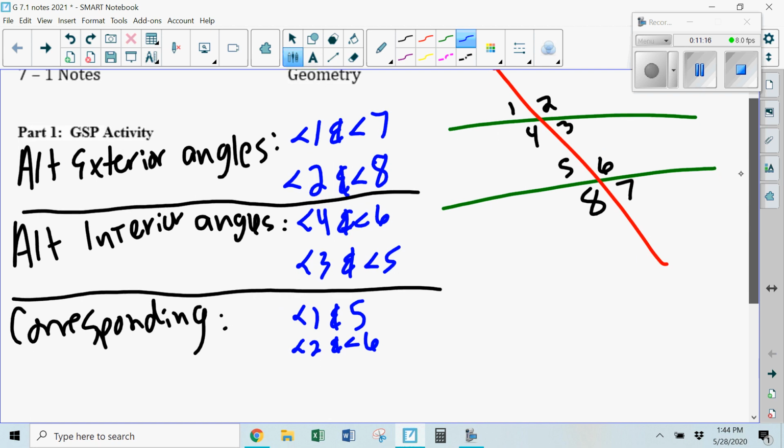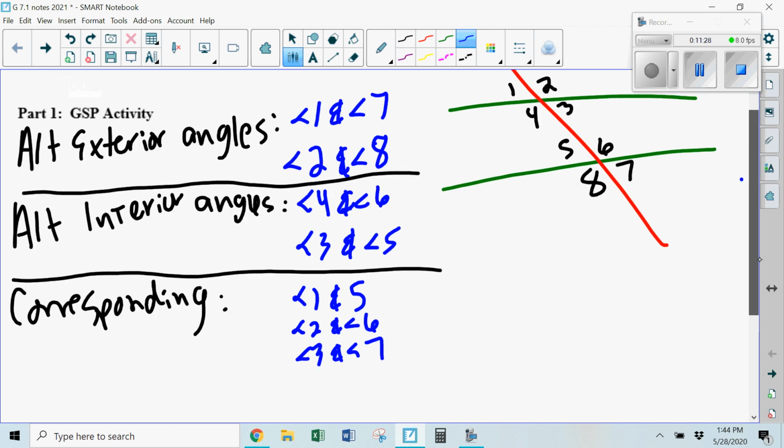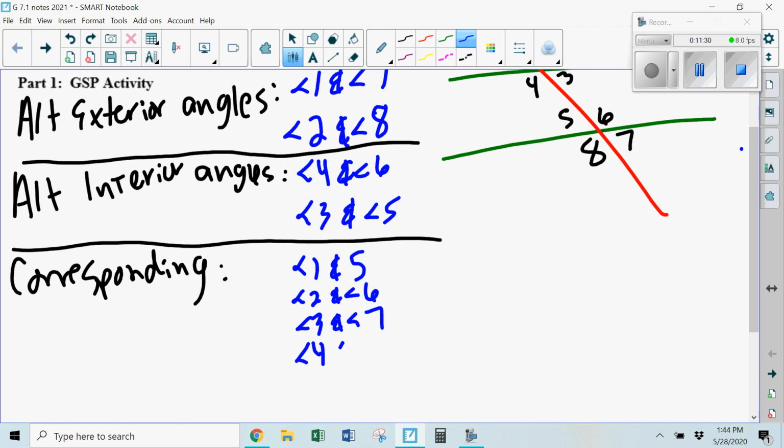Keep going. Angle 3 is corresponding with angle 7. And finally, 4 and 8 are corresponding. There are actually 4 pairs of corresponding angles.